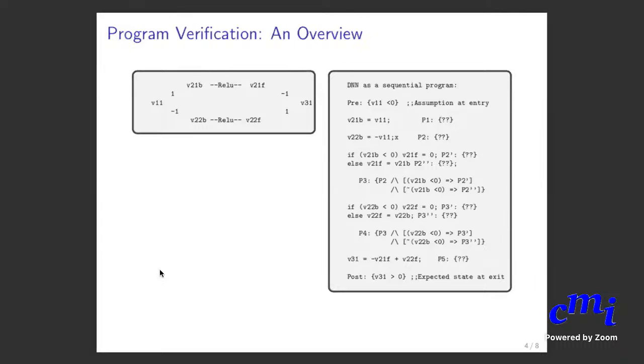I say that it characterizes a set of states, where a state is an assignment of values to the variables. For example, here, this constrains v11 to be negative. It doesn't say anything about the other variables, like the intermediate variables, which means at this point those variables can have arbitrary values.